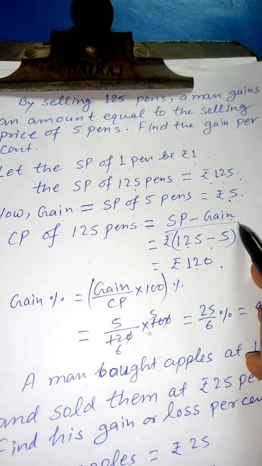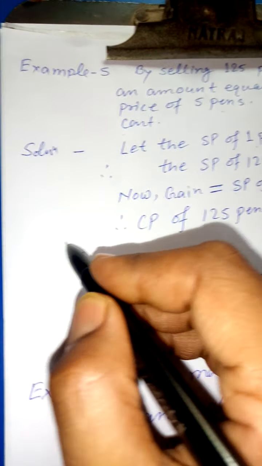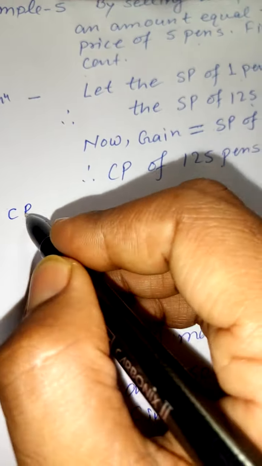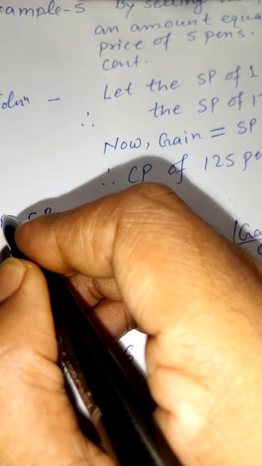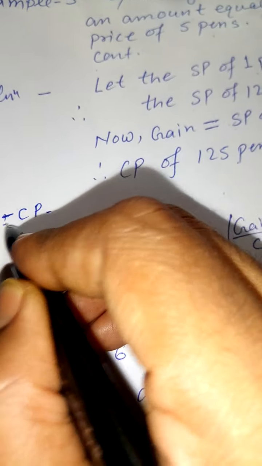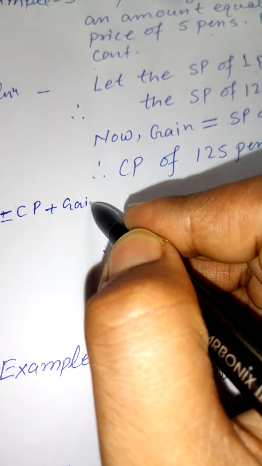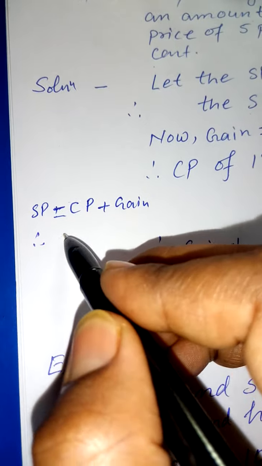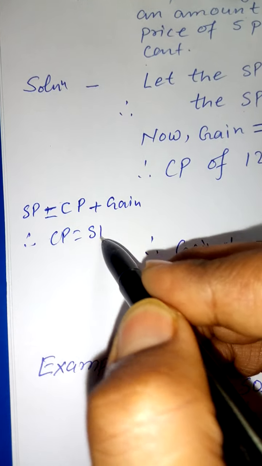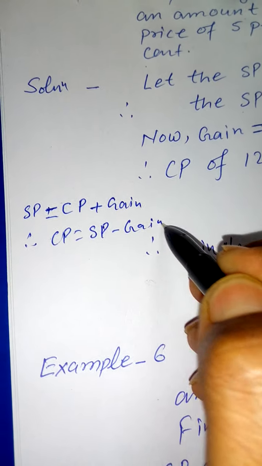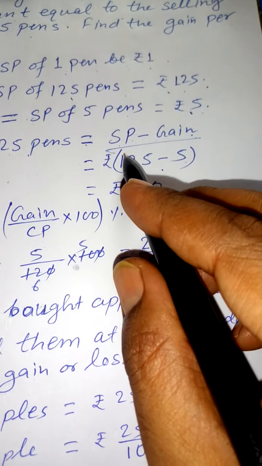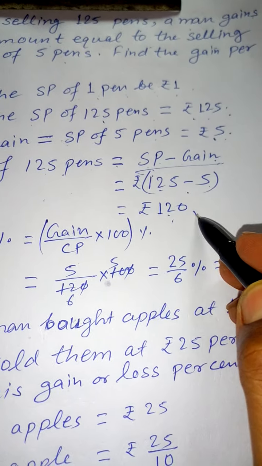Why is this? Because selling price equals cost price plus gain, you know. Therefore cost price equals selling price minus gain, which equals 120 rupees.